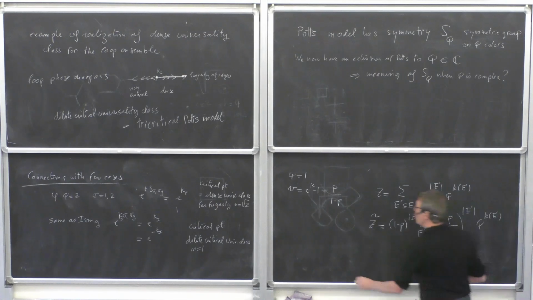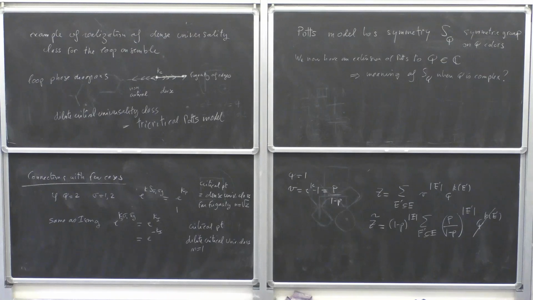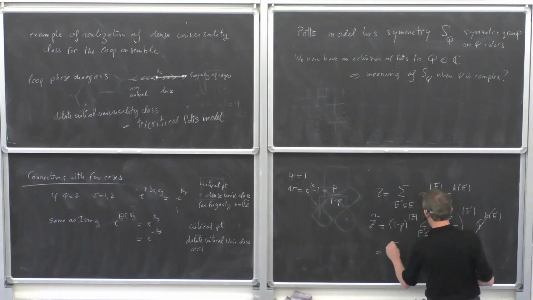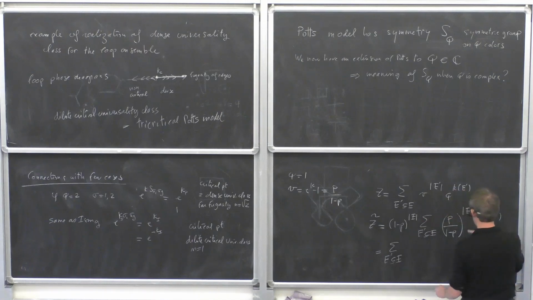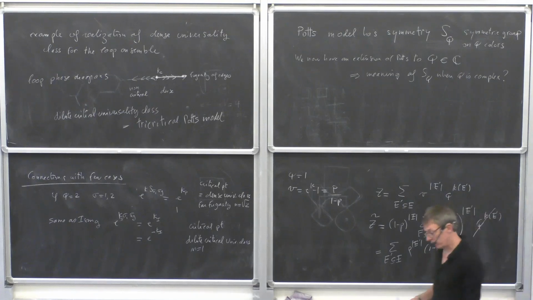And now let's take Q equals 1. So this factor disappears. And what I see is that Z twiddle is the sum over E prime, a subgraph of E, of p to the E prime, 1 minus p to the E minus E prime. And now what is this?